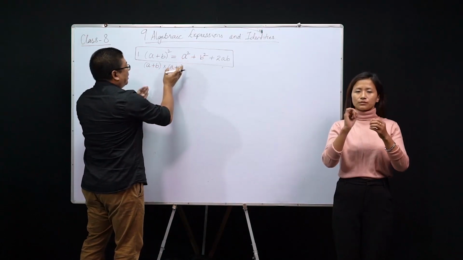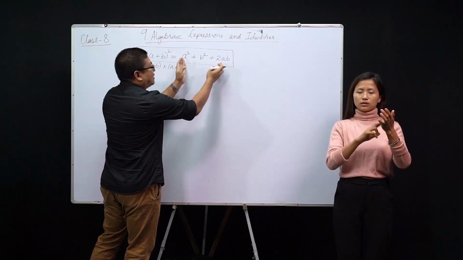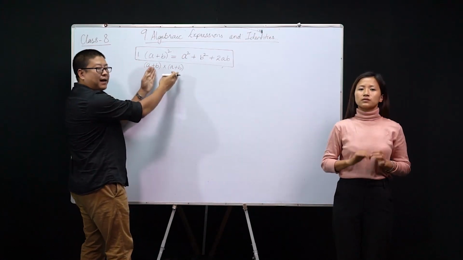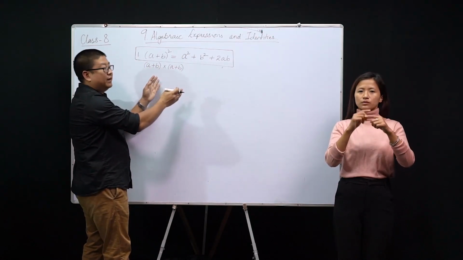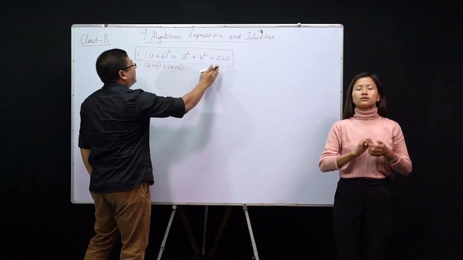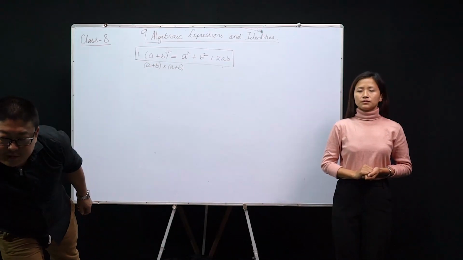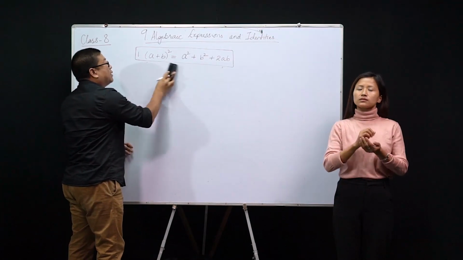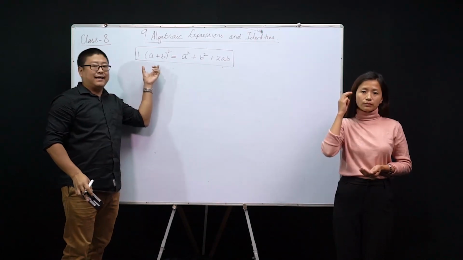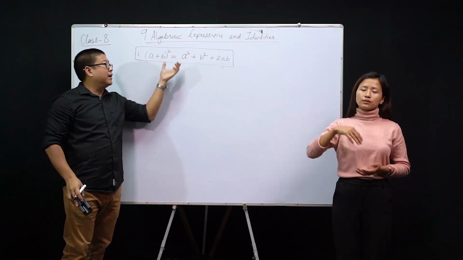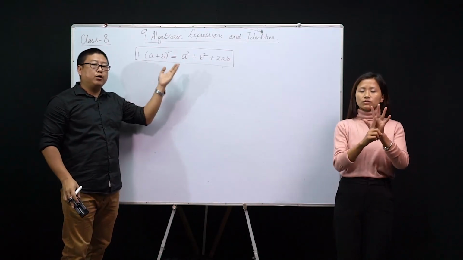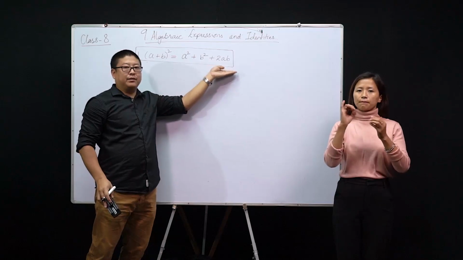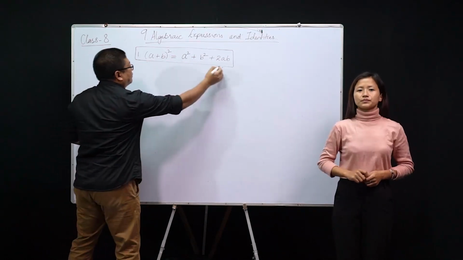If you want to understand how we are reaching this, you simply have to multiply these two binomials. Please keep in mind that you have to memorize this and understand how it is coming about. As I have shown you, multiply the two binomials, you will get this expression. So this is the first formula.